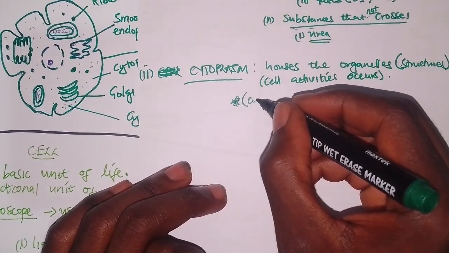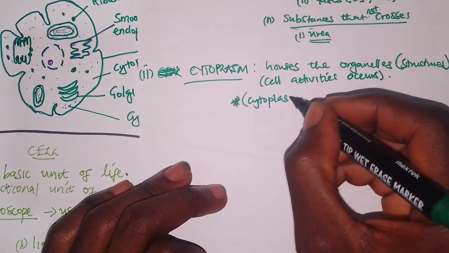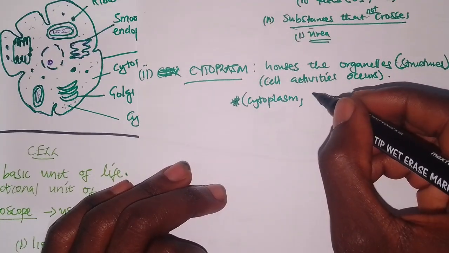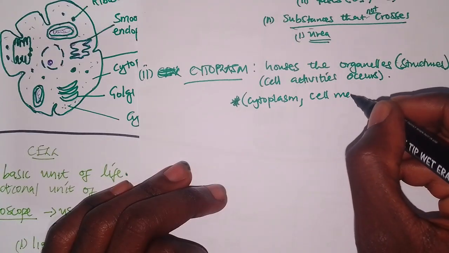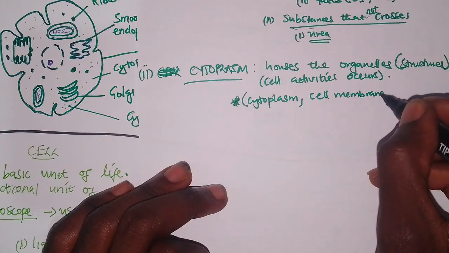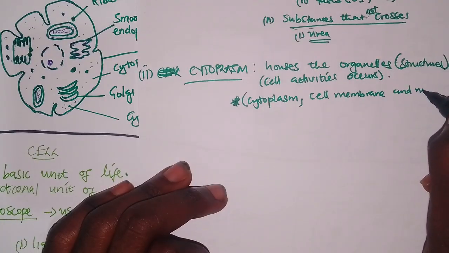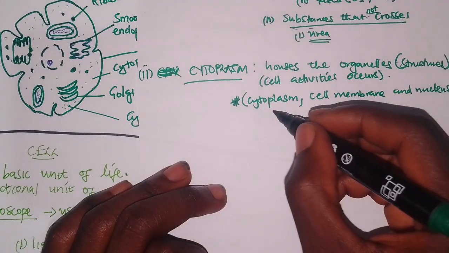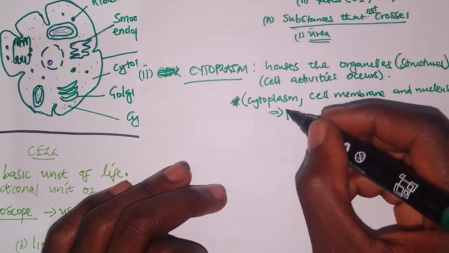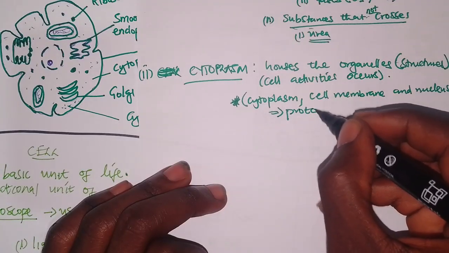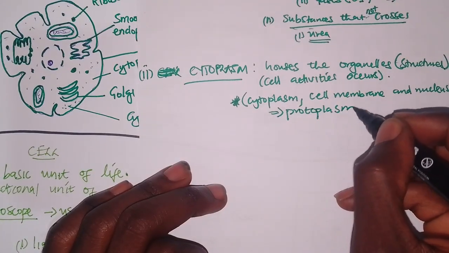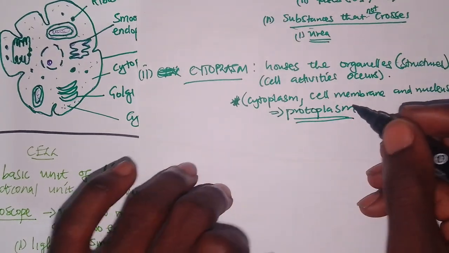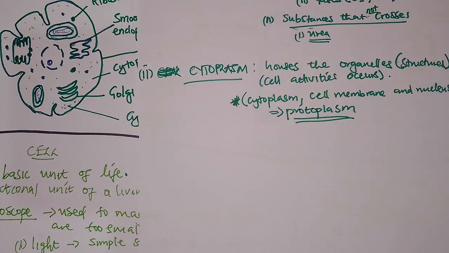You need to know that when we combine the three, they like asking this question. When we combine the cytoplasm, the cell membrane, and the nucleus, these three are known as protoplasm. What is the protoplasm?